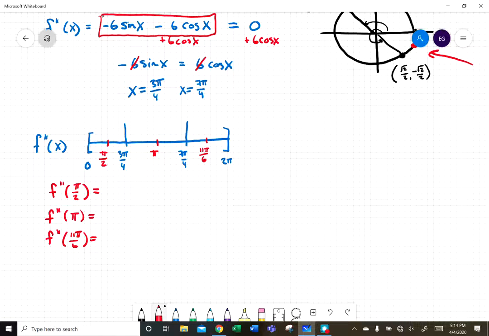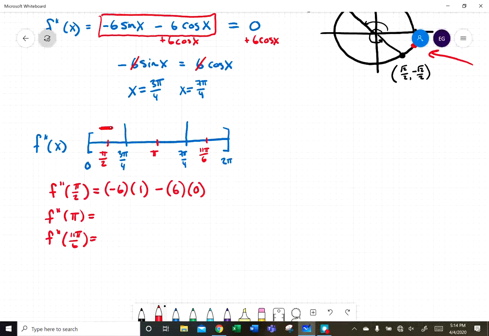Negative 6 sine x minus 6 cosine x. So if we plug in pi over 2 for x, we'll have negative 6 times the sine of pi over 2, which is 1, minus a 6 times the cosine of pi over 2, which is 0. So that will give us overall a value of negative 6. So in this interval, the sign is negative.